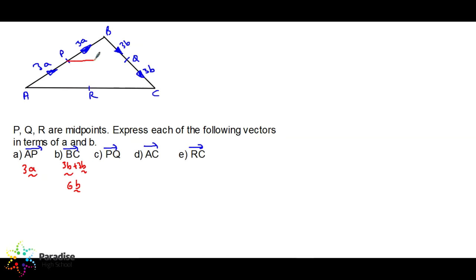Oh, okay, PQ is here. Okay, let's calculate it. What is PQ? PQ will be, I will start from the tail. That's going to be PB plus BQ. So what is PB? 3A. What is BQ? 3B. So it is equal to 3A plus 3B.